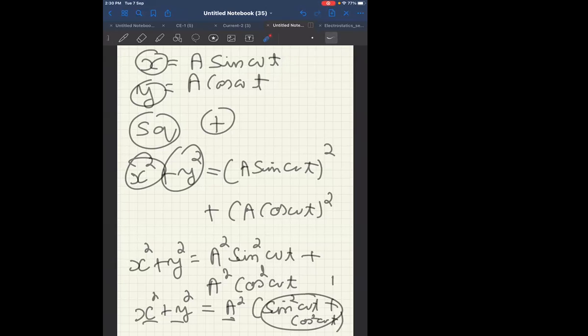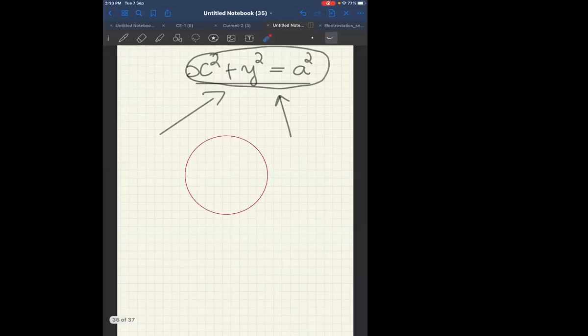Sir, can you explain the fourth sum? What is after x square plus y square? How do we conclude the answer?